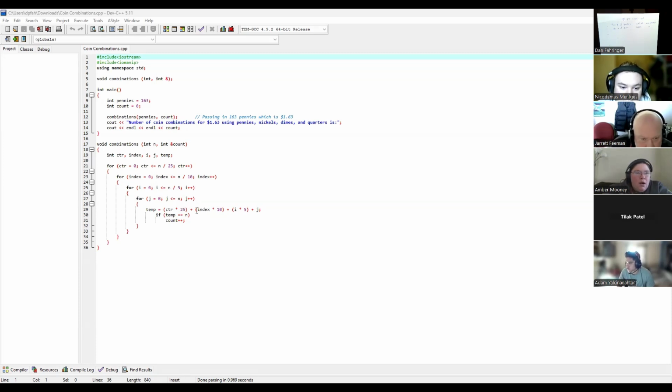I took whatever that counter was, then I had index, then I had I, and then I had J for pennies. Awful naming. I should have called it QUNIDI and PE. But do you notice I'm going to take whatever that current one is, do the calculation, and see if it equals my number. If it does, I add one to count.